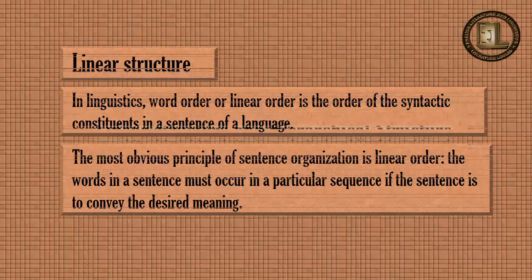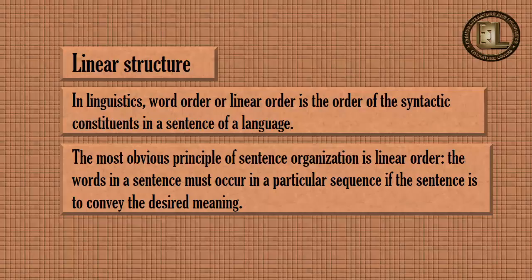Linear structure. In linguistics, word order or linear order is the order of the syntactic constituents in a sentence of a language. The most obvious principle of sentence organization is linear order. The words in a sentence must occur in a particular order if the sentence is to convey the desired meaning.